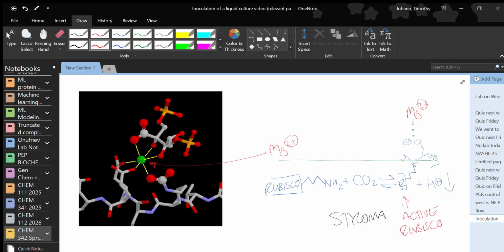So if carbon dioxide's low, you don't want Rubisco to be active, right? But if carbon dioxide is high, I'm going to make this all making it active. If you've got your carbon dioxide around, then you should also shift that direction to the carbamate. You make the carbamate, you coordinate the magnesium, and you can run the dark reactions.